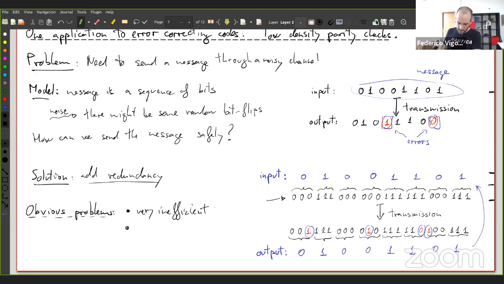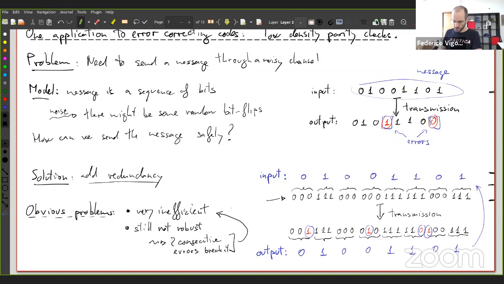Worse, it is still not robust, in the sense that it's enough to have 2 consecutive errors to break it, because then the bit flips. The solution would be to repeat even more, but then this makes it even more inefficient. So this is not a great solution.